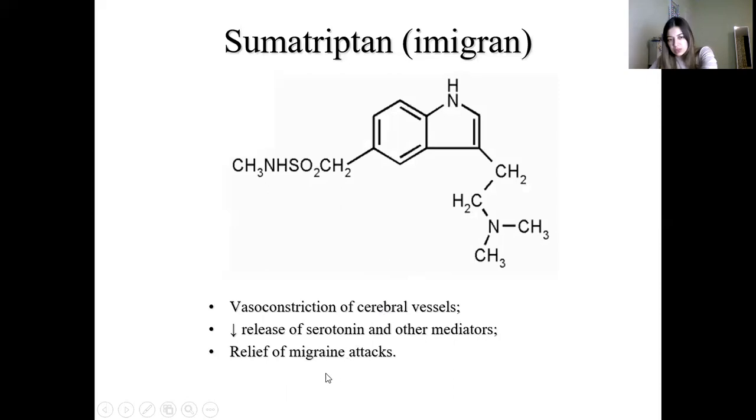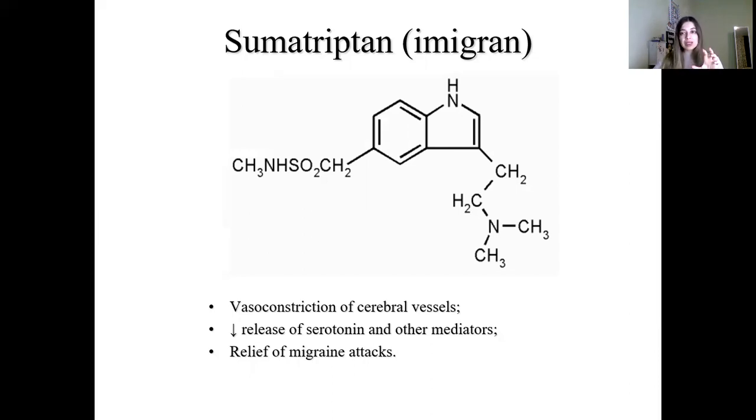Sumatriptan, an agonist of serotonin receptors, by decreasing the release of serotonin also controls the tone of blood vessels and relieves the migraine attacks. And sometimes we can use even non-steroidal anti-inflammatory drugs like aspirin in big doses. For some patients it can be helpful, but not all of them.